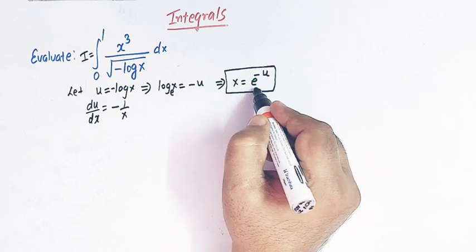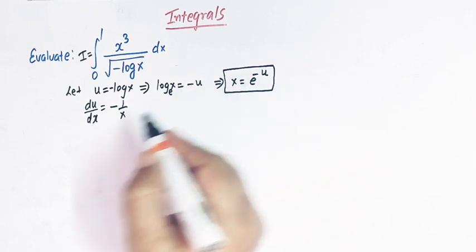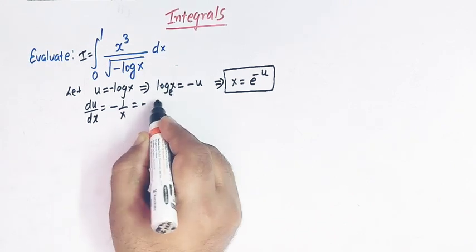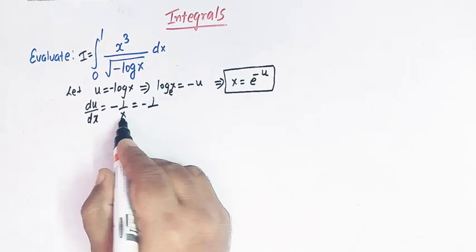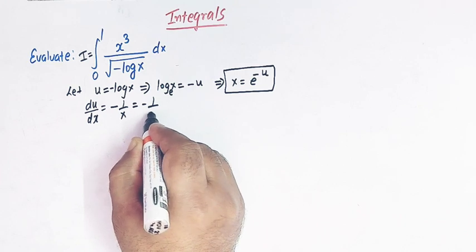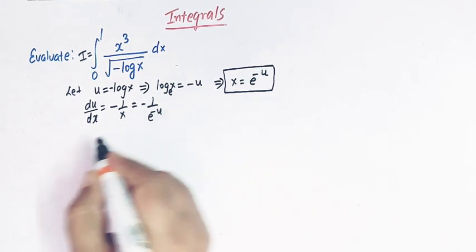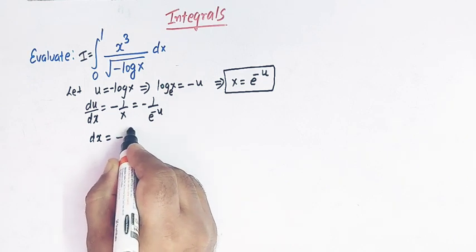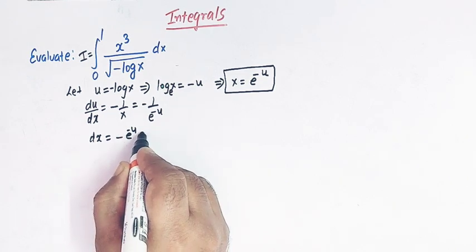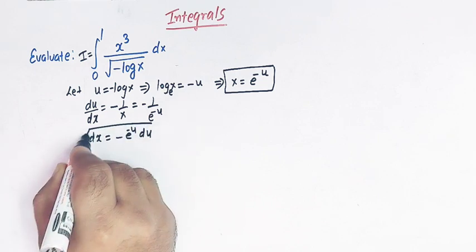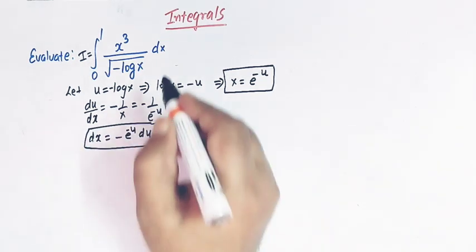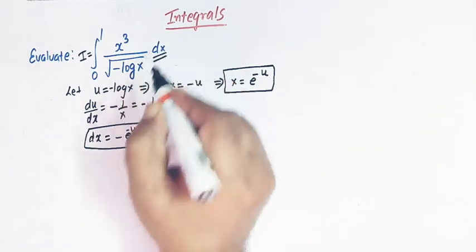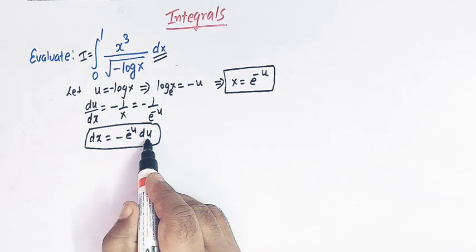So now dx can be written as negative of e raised to minus u du. So now we have obtained the value of dx in terms of u.